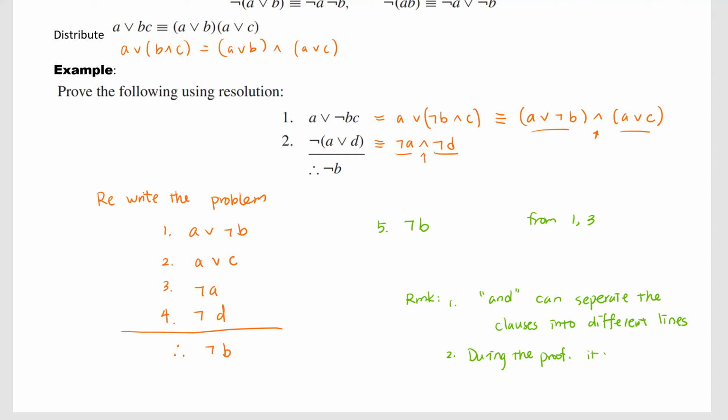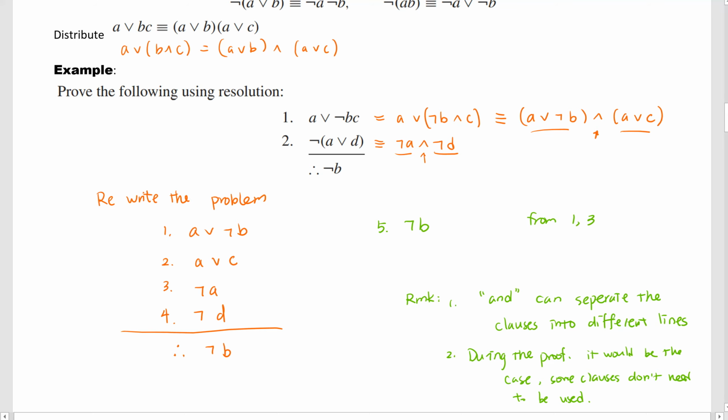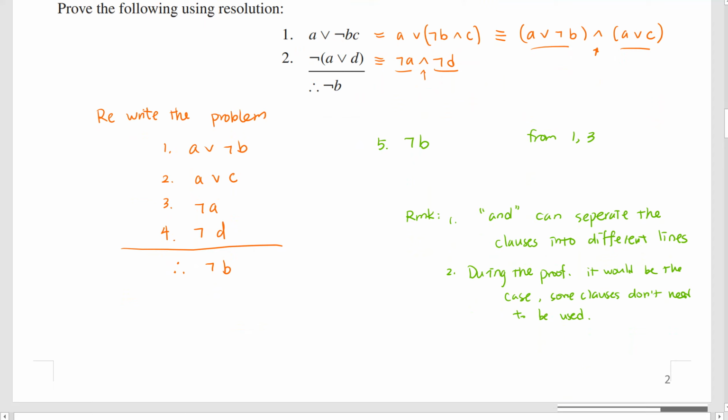So it could be the case that some clauses don't need to be used. Yeah, it's good that every time we learn an example, we can come up with a summary of what we learned from this example. All right, let's continue.